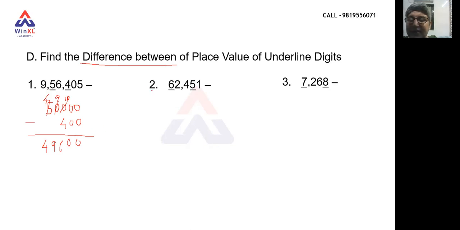Now you have to find out the difference between place values of underlined digits in the second and third. So first solve the second one. Okay, very good. So here again I am writing the place value of 6 minus 50.